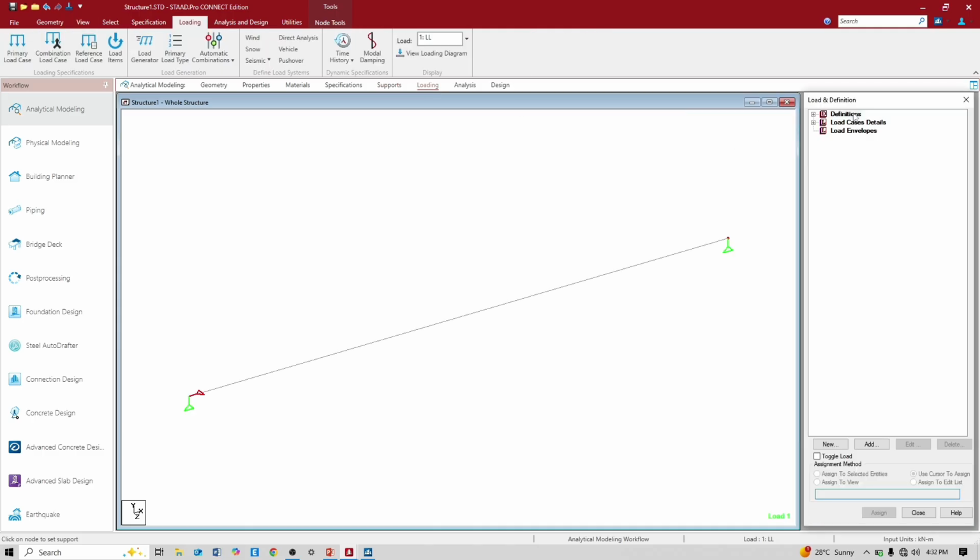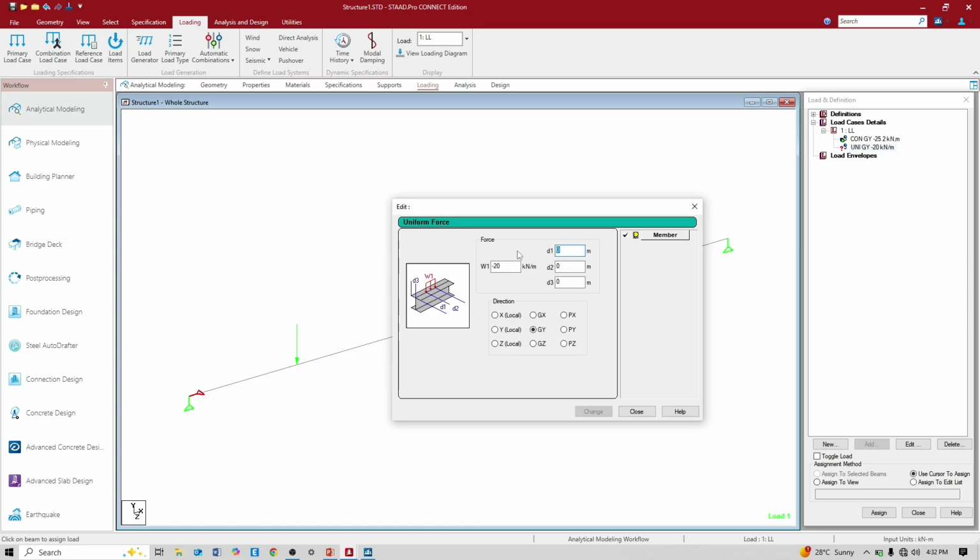So loading: 25 kilonewton load at 2 meter. So assign this. And this 20 kilonewton per meter is in between.